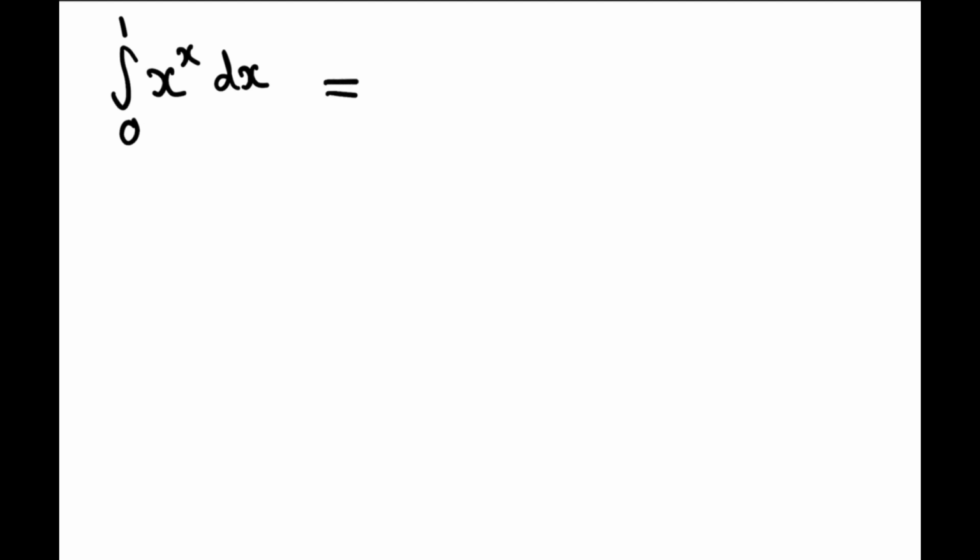And the way we're going to do that is, we've got the integral from 0 to 1. We're going to write this as e to the power of ln of x to the power of x, like this. e and ln cancel out, and so we've still got the integral of x to the power of x. We've just written it slightly differently.